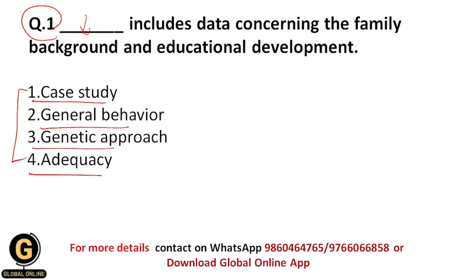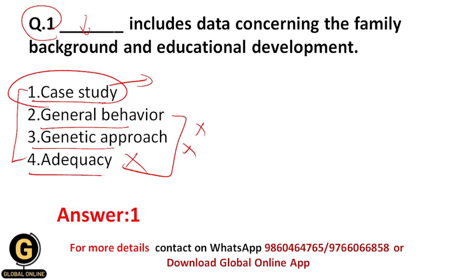If you have seen all of these options, then you will understand that only case study is a data collection method, and general behavior, genetic approach, and adequacy are not any kind of data collection method in research. So all of these options get eliminated, and your correct answer is case study.